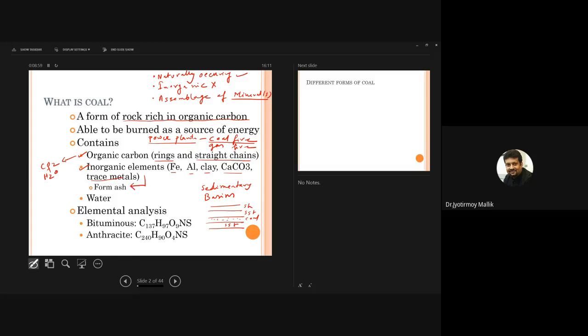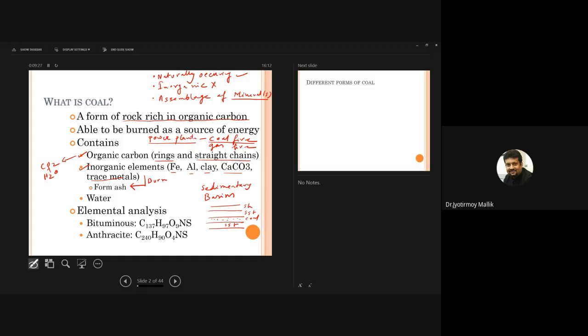So if we burn the inorganic element, then it forms ash. Having more mineral content inside coal is not good, because when you burn these inorganic elements, it doesn't necessarily release a lot of energy. So having less amount of inorganic elements in coal is better.